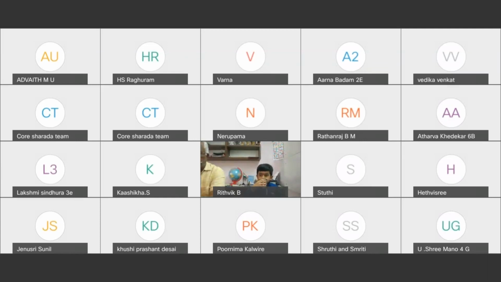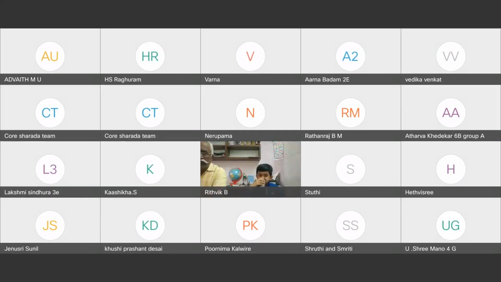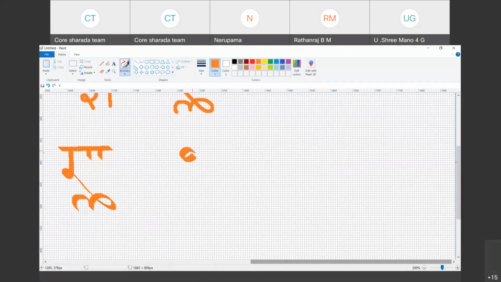Okay, so this is the third letter in Devanagari.